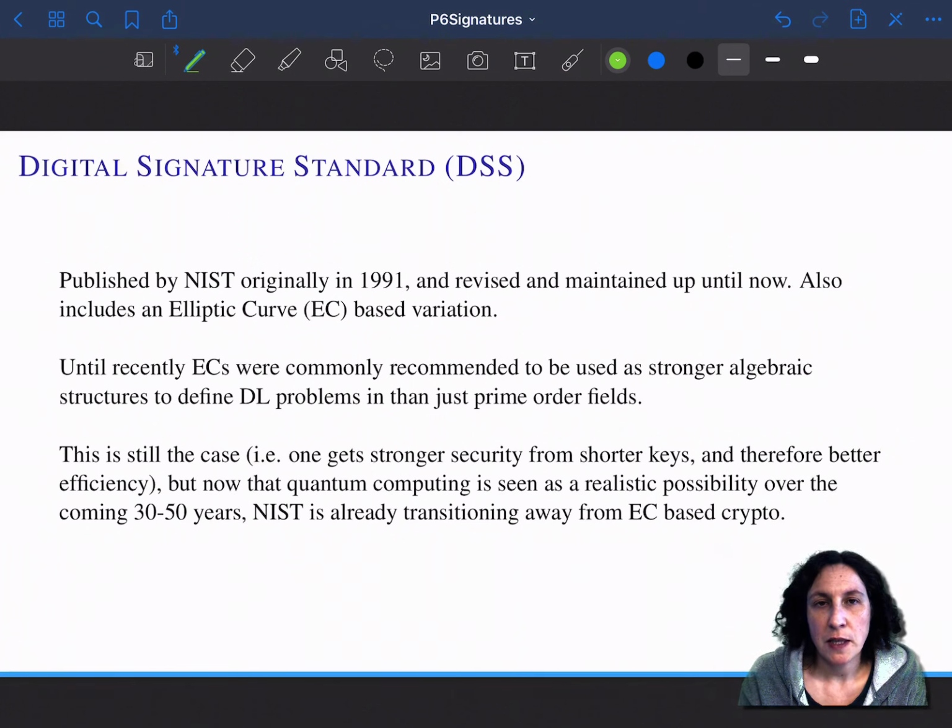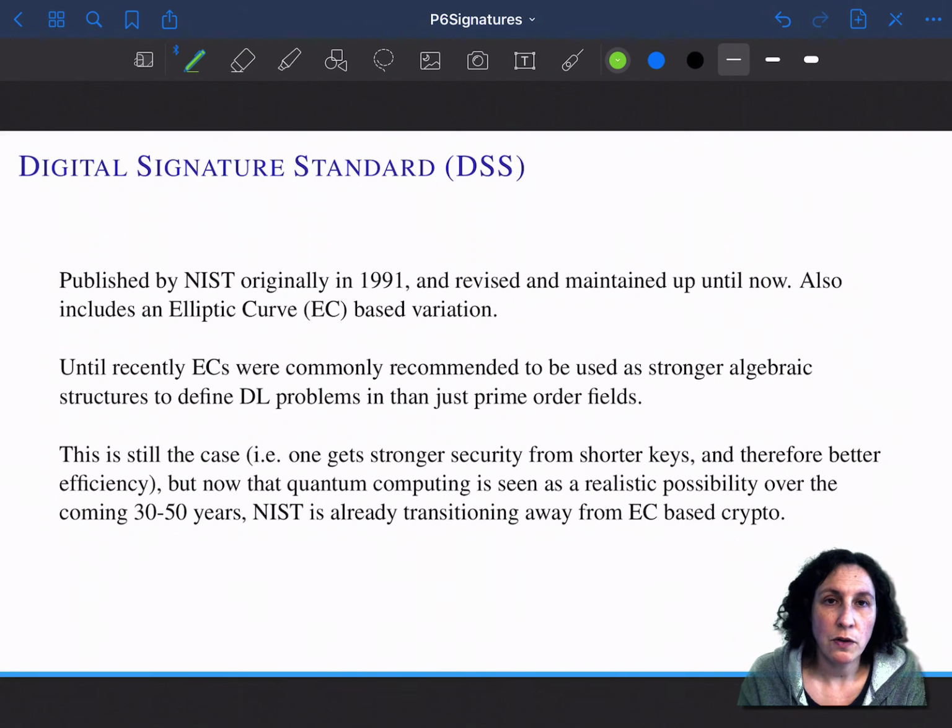But the issue is that with the much more serious emergence of quantum computing and the ability of doing certain algorithms on a quantum computer much more efficiently than on a classical computer, the fact that elliptic curves have fairly short key lengths makes them also more vulnerable to quantum computing.